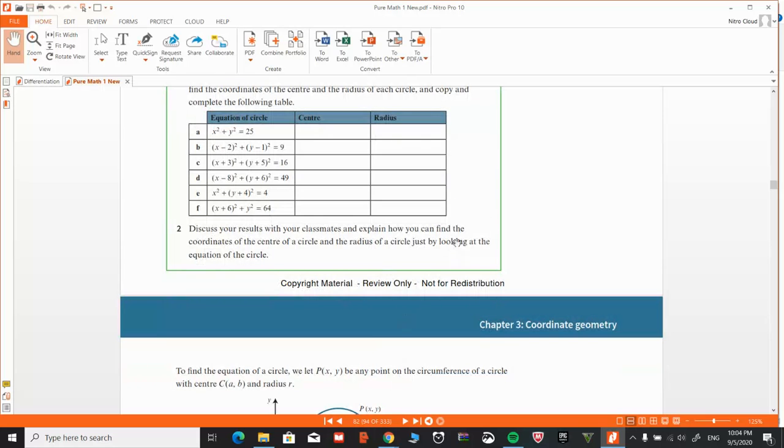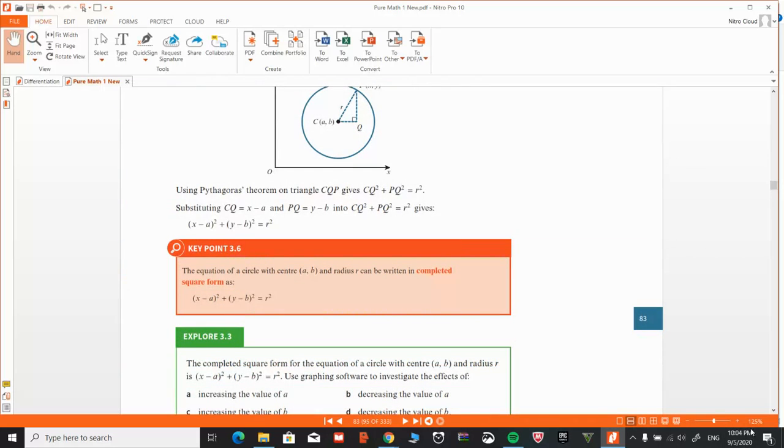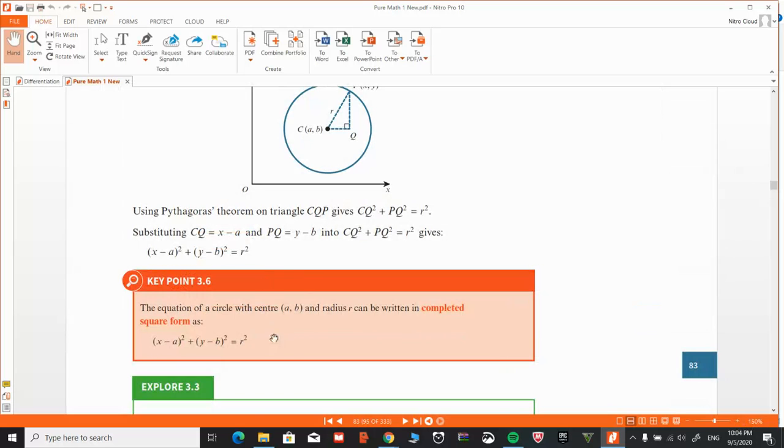I'll highlight the important stuff for you. The first thing you want to notice is the formula.